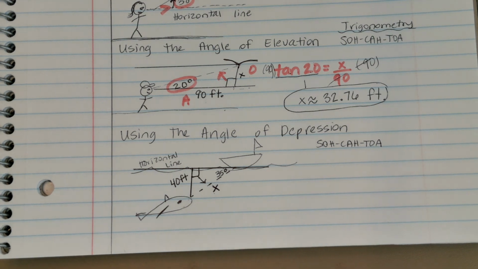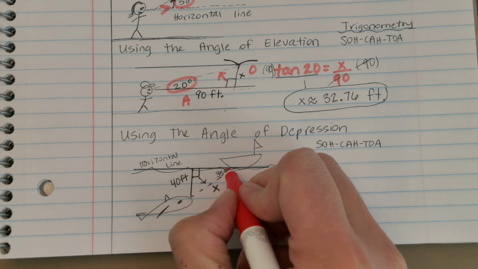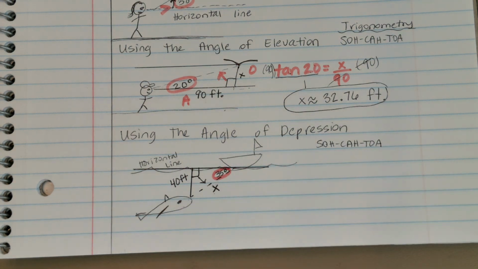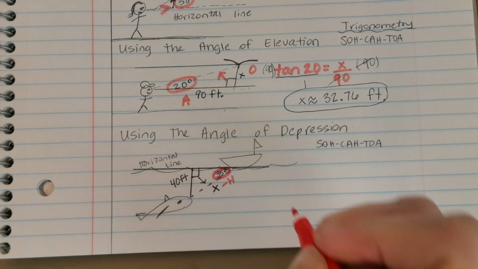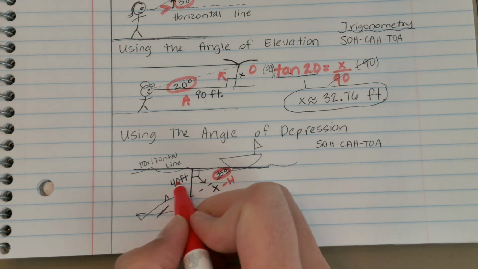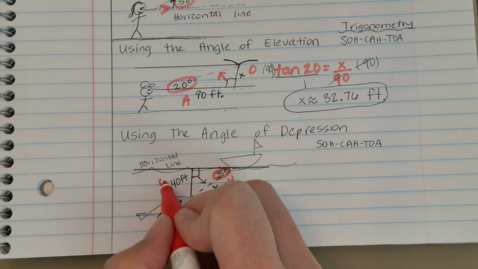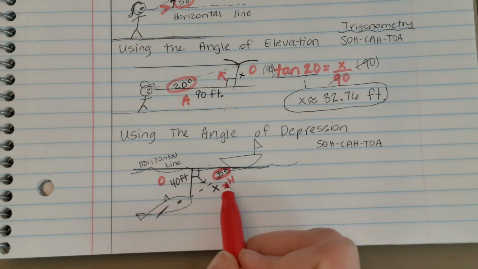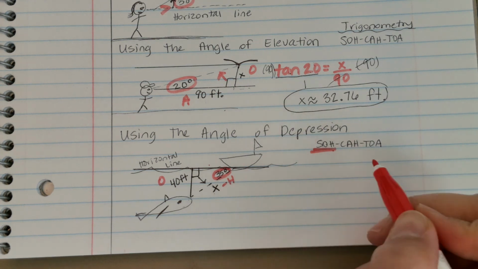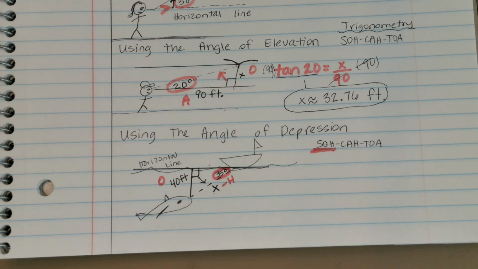It really helps if you circle the angle and try to see what information you have given. So I already said this is our hypotenuse, and then 40 is opposite. That's our O, and then adjacent was nothing. So if it has an O and an H, it's got to be the SOH, so sine.